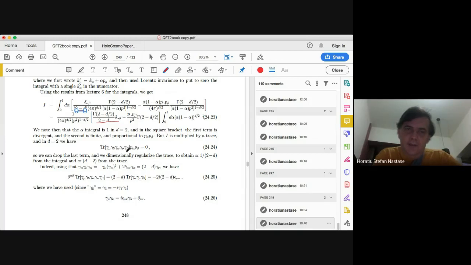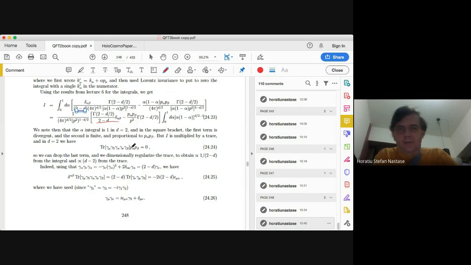So you can look at the possible Lorentz structures and figure out that the parts that contract p alpha with p beta, delta alpha beta, are proportional to d minus 2, whereas the remaining ones are with epsilon alpha beta, which gives 0.